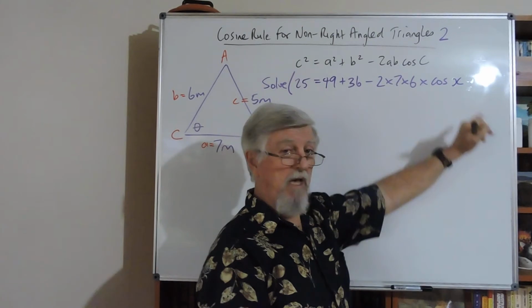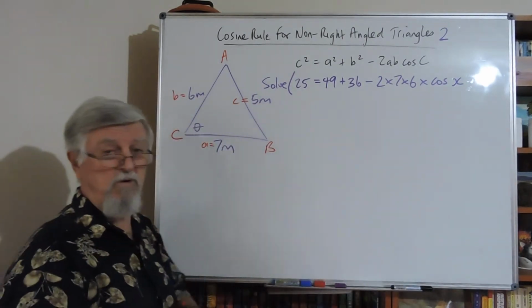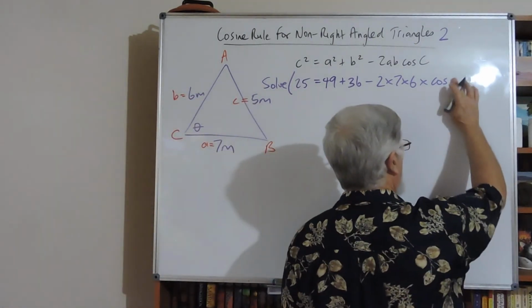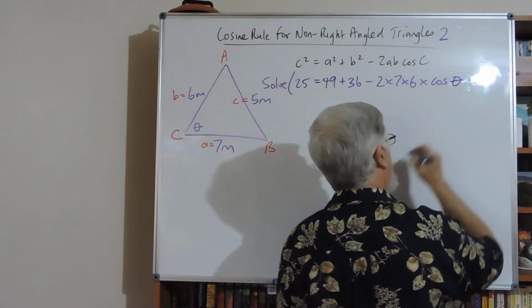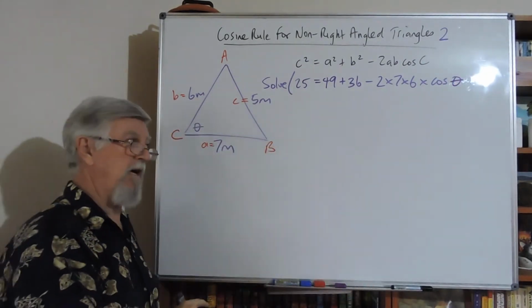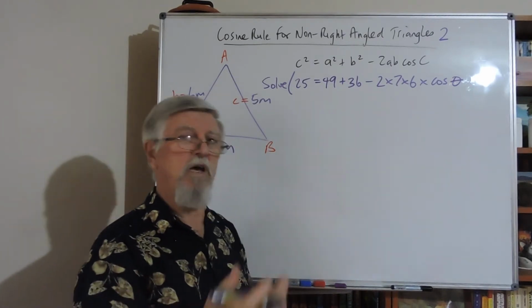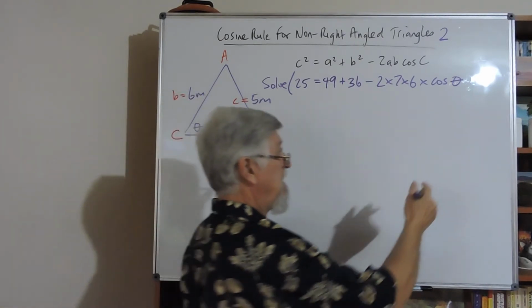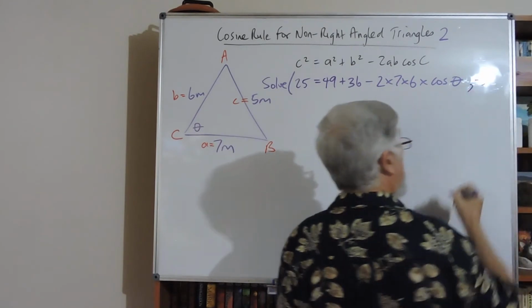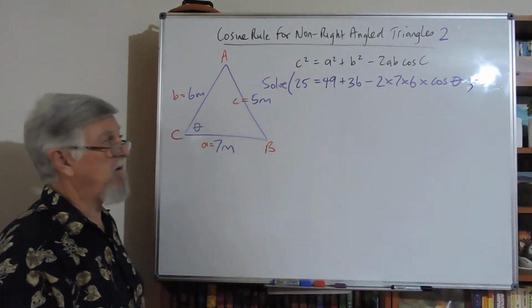But you don't have to put x, you can put in theta if you want to. You can go to the choices on the keyboard and put in theta. But if you put in theta, you need to tell the calculator you're using theta, by saying comma theta, and it will go looking for the angle for you.